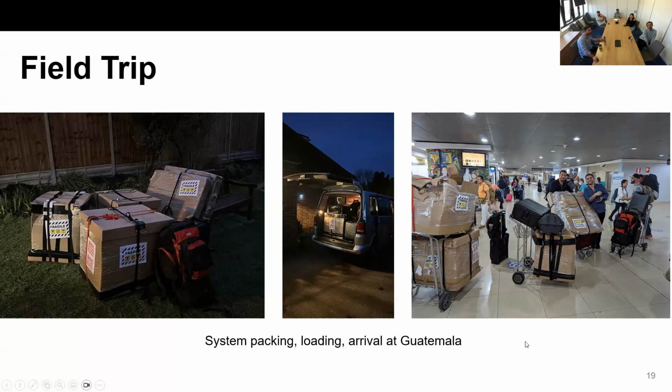Luckily, nothing was broken, nothing was lost. But we were quite lucky about transportation because we checked all of these as luggage, so no special kind of transportation with them.